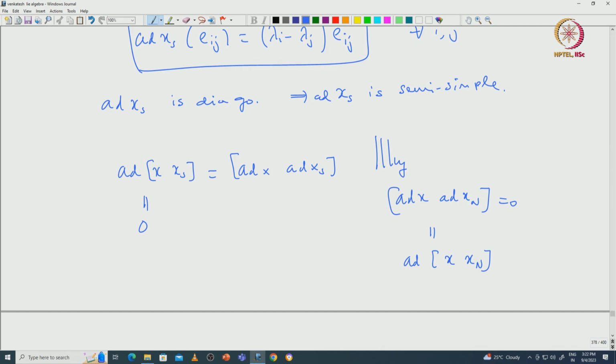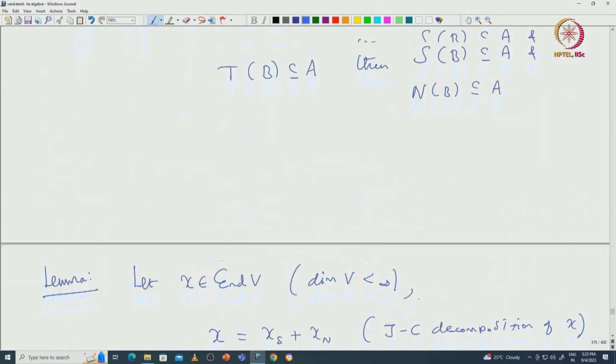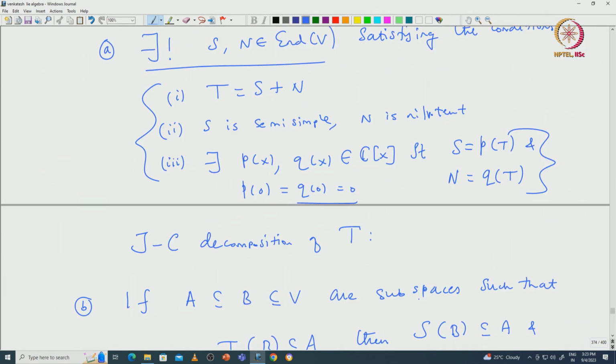So, this proves that ad x commutes with ad x_s as well as ad x_n. Similarly, ad x_s and ad x_n also commute, as the bracket of ad x_s and ad x_n is nothing but ad of [x_s, x_n], which is 0. So, whatever we wrote, these conditions are all satisfied.